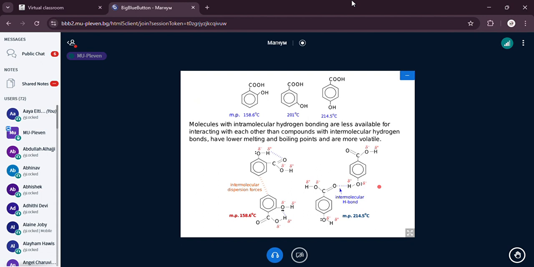How hydrogen bonds, inter and intramolecular, influence physical properties of compounds. Here you see ortho-hydroxybenzoic acid, meta-hydroxy and para-hydroxybenzoic acid.